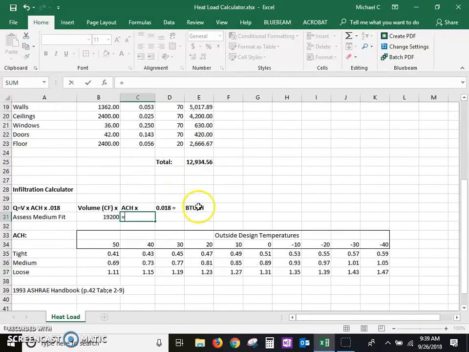So our outside design temperature is 0. So we have our outside design temperature, 0 degrees. So we're going to go here. This. 0.018. And then this is just going to simply be a multiplication formula. It's going to be this, multiplied by this, multiplied by this.